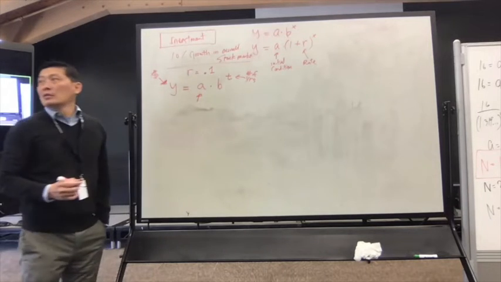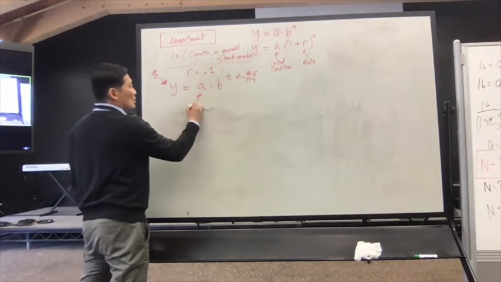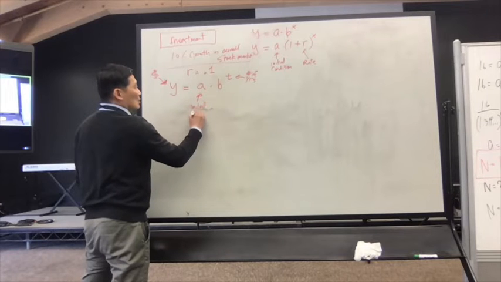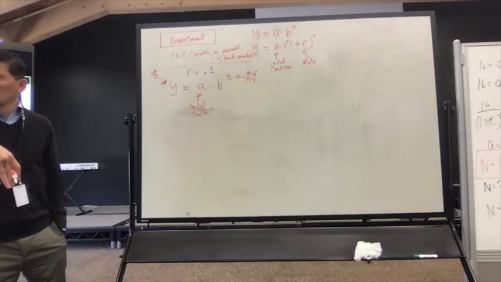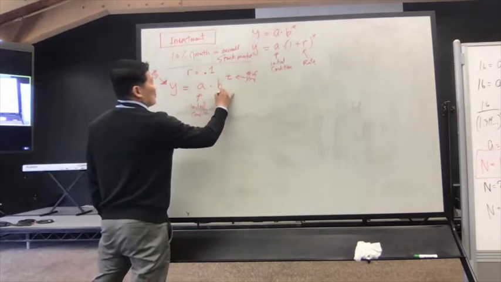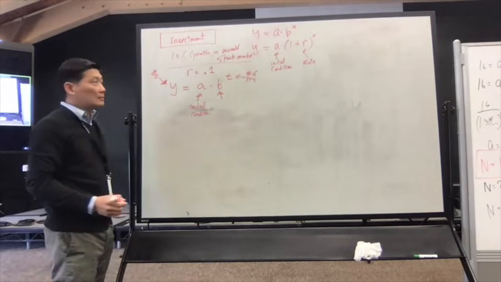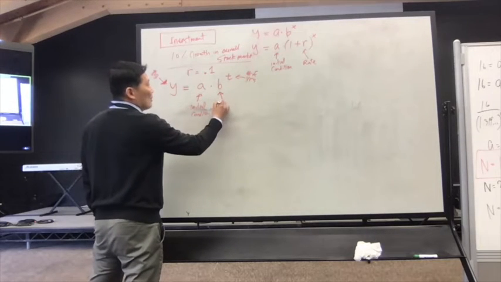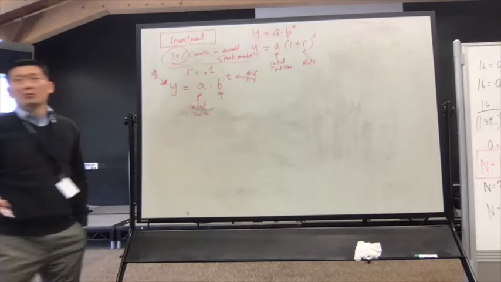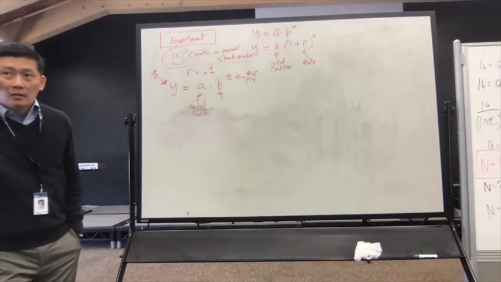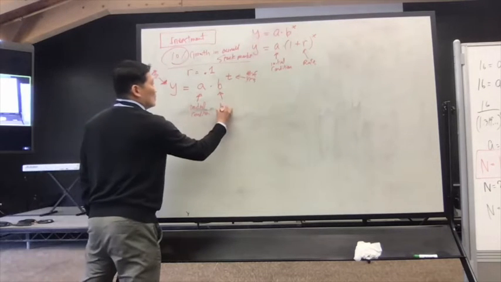A is the initial condition, that means how much money you put in the first place. And B in this case will be what? What's the B value with a 10% growth? 1.1.